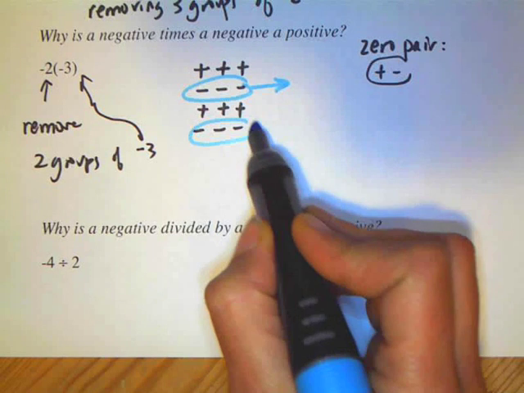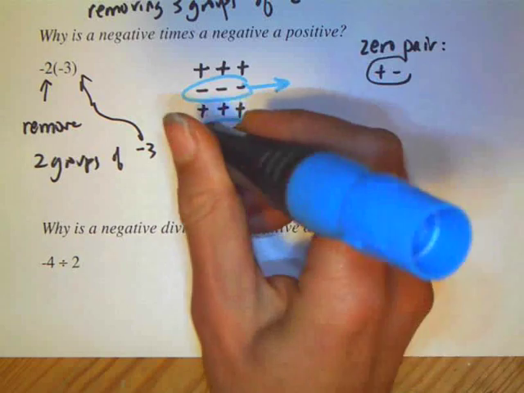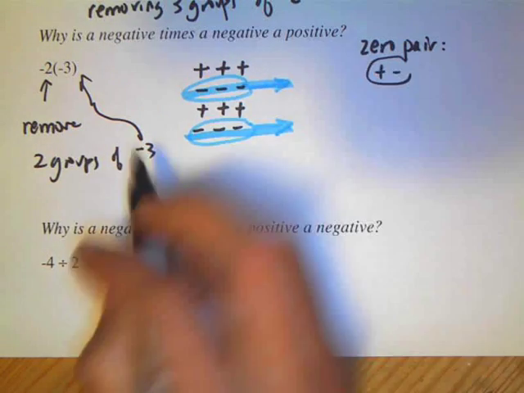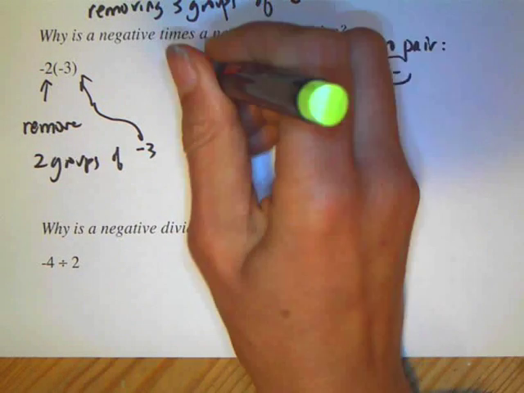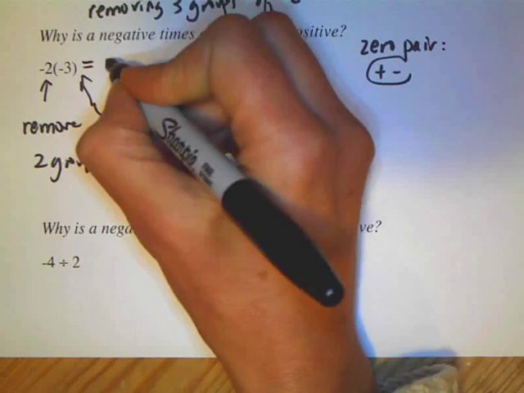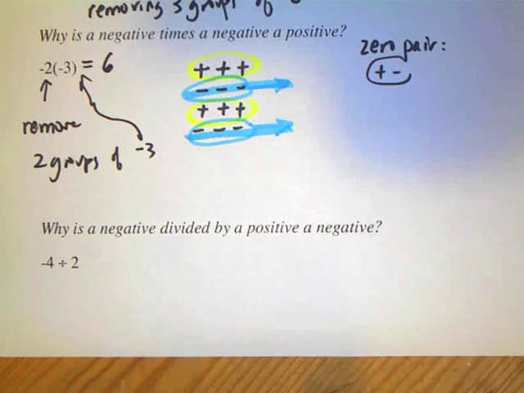Here's a group of -3, so I'm going to remove that. I'm going to cross those out. So I've removed two groups of -3, and what I'm left with is 6 positives. So that negative times a negative, this is why it's equal to 6 positives.